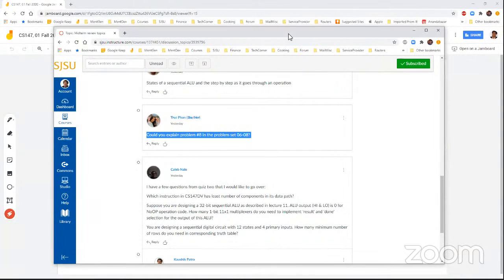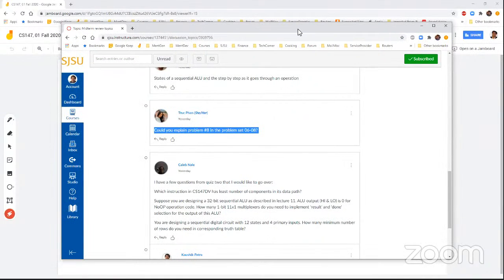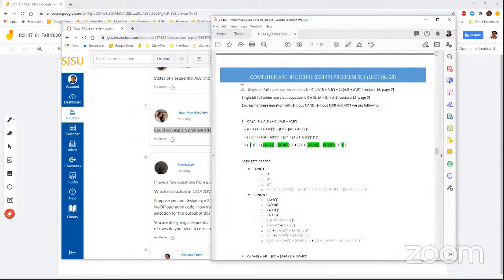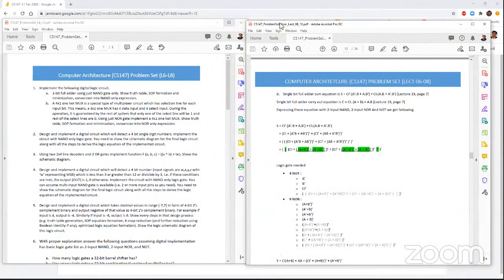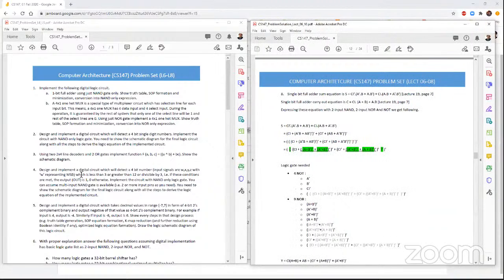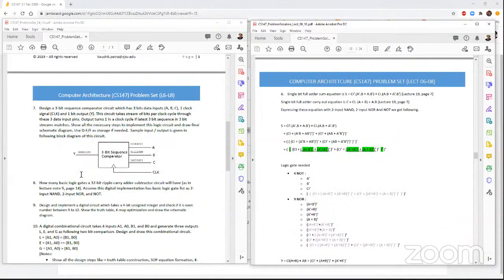You can see both the windows, right, the Jamboard and the web page? Okay, so I'm sharing the screen. This is about number 8, which states, let me open up the question as well, which is like this one.